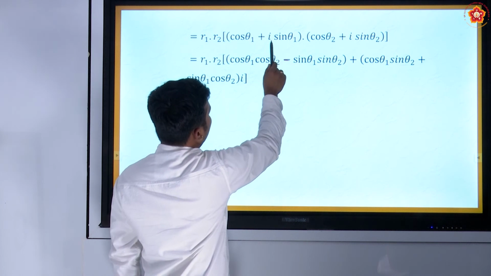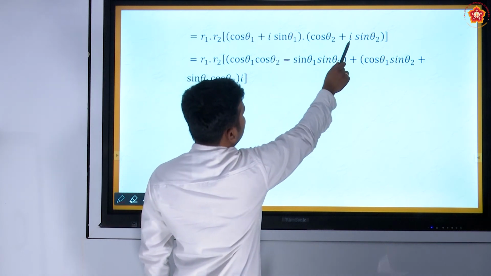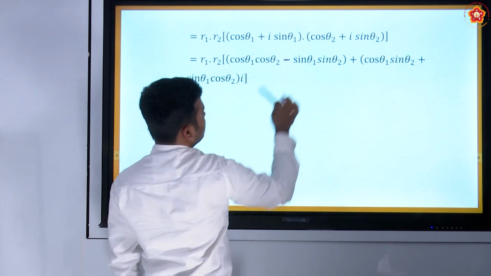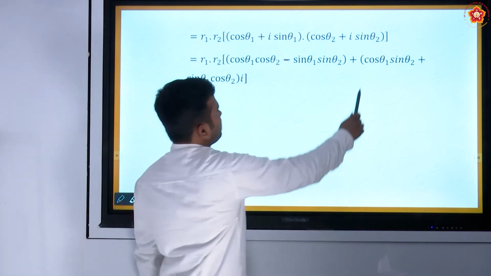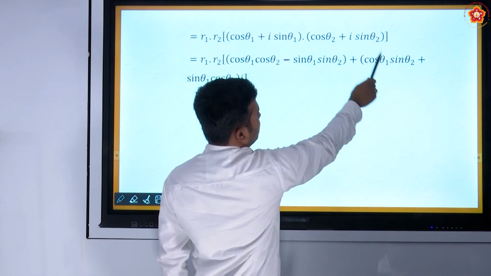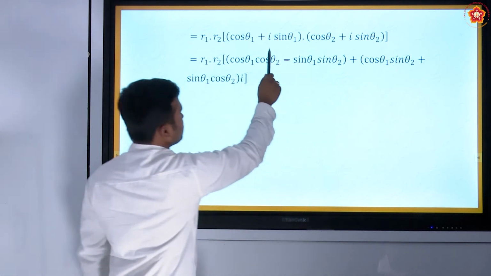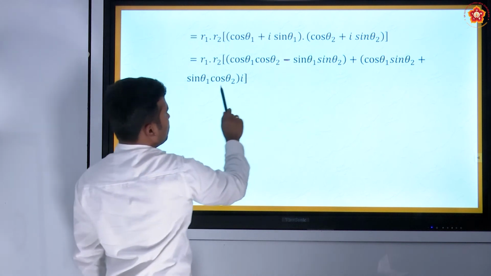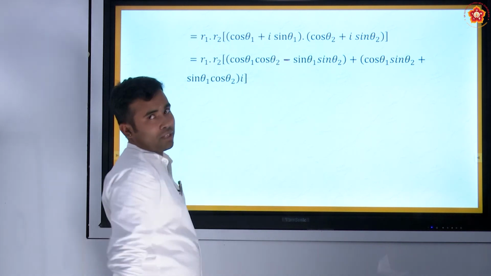If I multiply i sin theta 1 into i sin theta 2, it will be i square sin theta 1 into sin theta 2, and i square will be the minus. Plus cos theta 1 into sin theta 2, that is cos theta 1 plus i sin theta 2, this is one, and this one will be i sin theta 1 into cos theta 2, that is what we have written here. From those two we have taken i common.